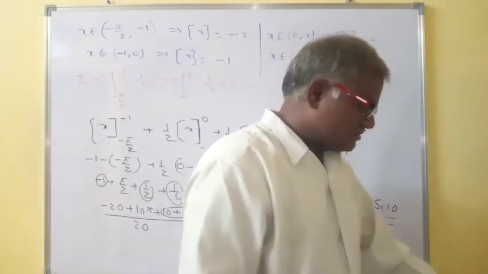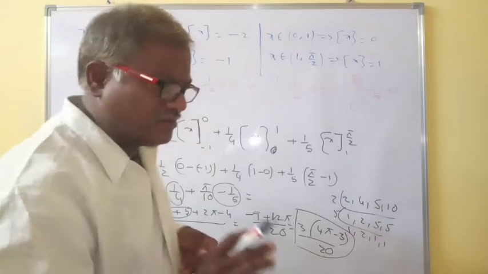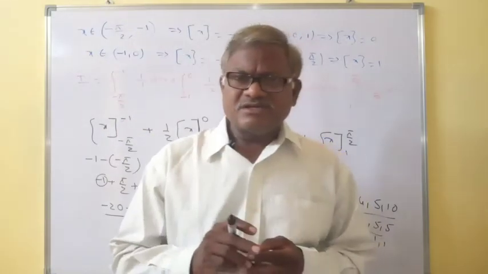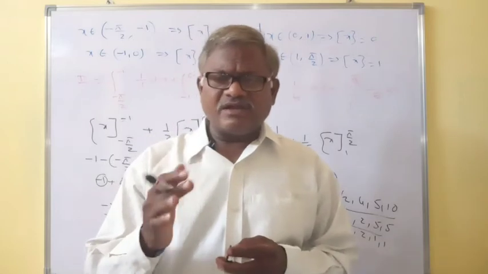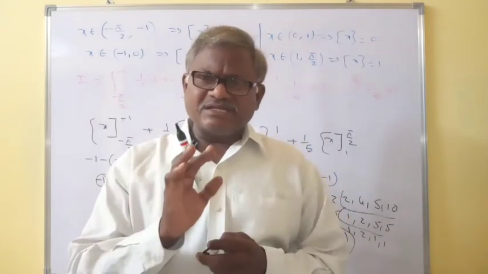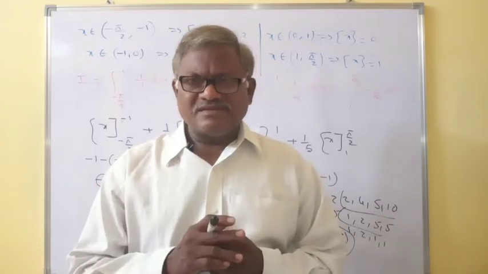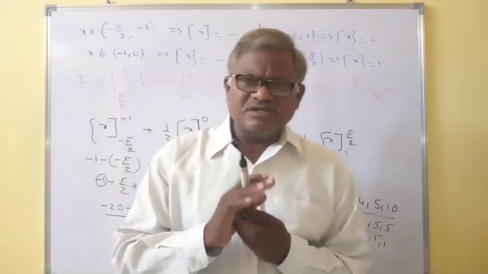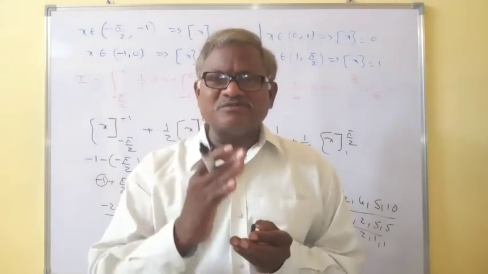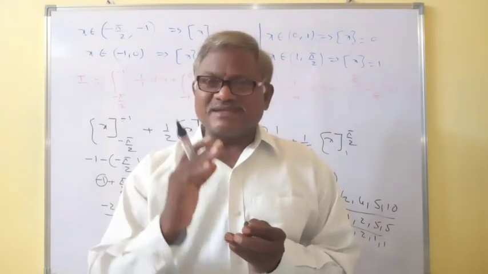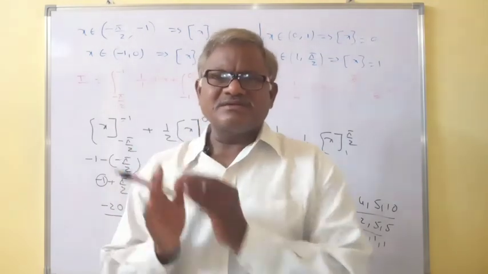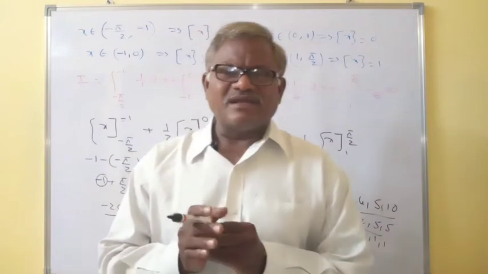Especially in this problem, what we have to do initially is split into different intervals, because whenever the greatest integer function is there, suppose 0 to 3 is there, we can split into 0 to 1, 1 to 2, 2 to 3. In each interval different values are to be considered.